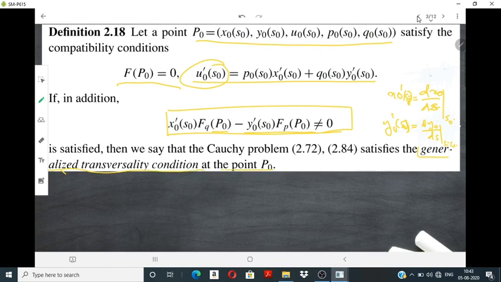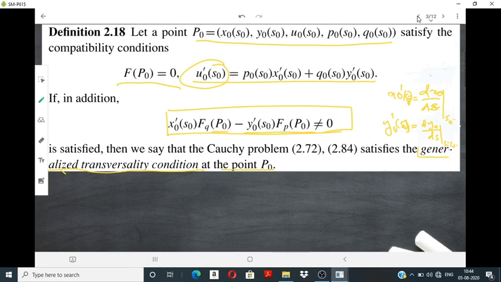A given Cauchy problem satisfies the generalized transversality condition at P0 if and only if x0' f_q minus y0' f_p is non-zero. According to this condition, the Cauchy problem has a unique solution.